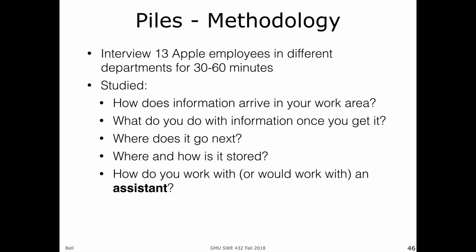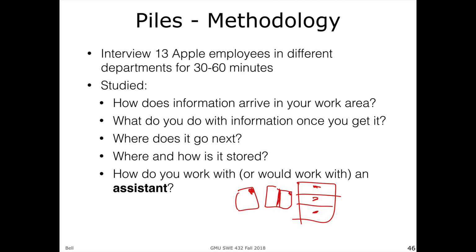So a great way, without saying what should the computer do, is to say, well, you're not using a computer for this task already. You've got all of these physical papers, and then you've got these filing cabinets, and you've got folders, and you're taking those papers and you're putting them in these folders.